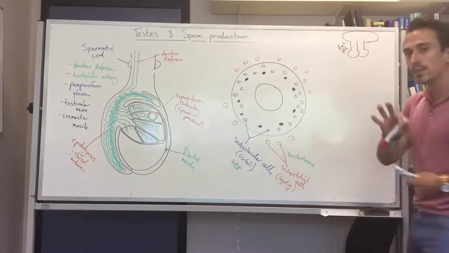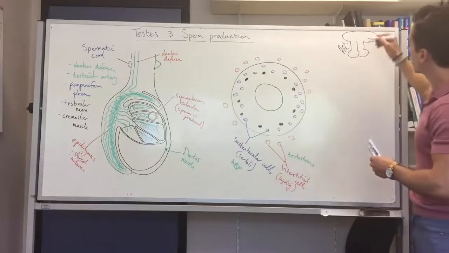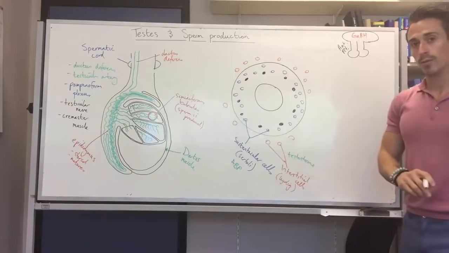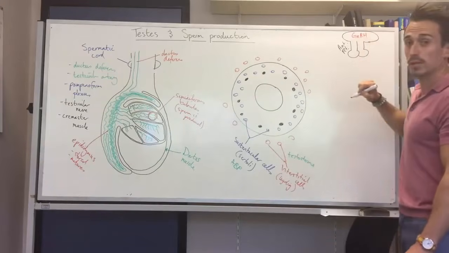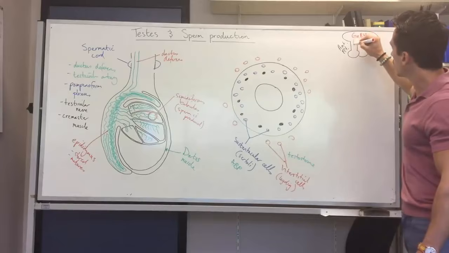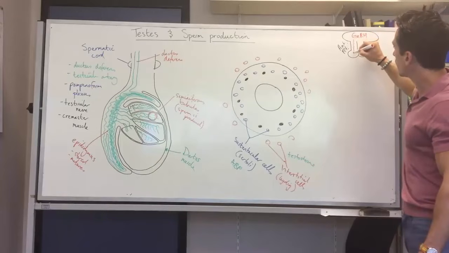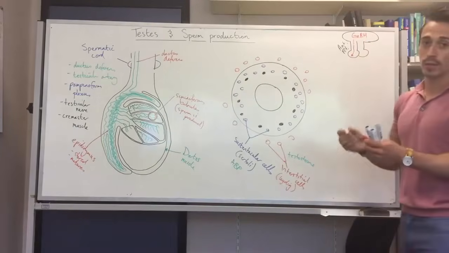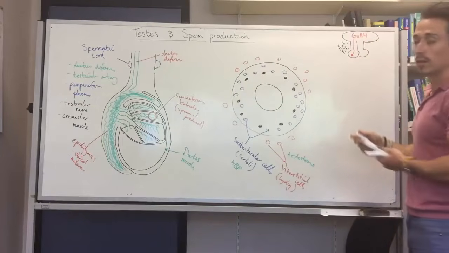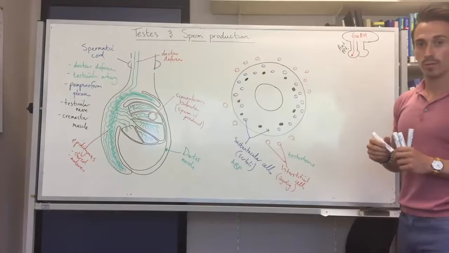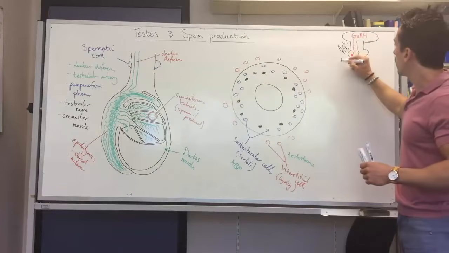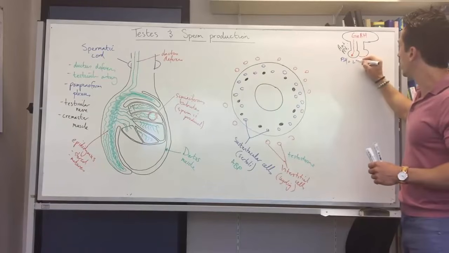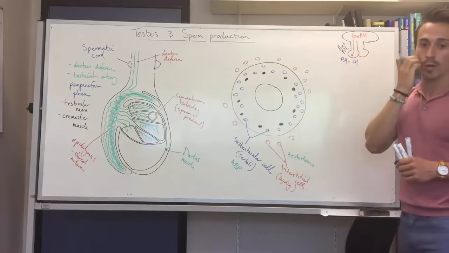Well, remember, similar to when we spoke about the female reproductive cycle, you have gonadotropin releasing hormone, which is released by the hypothalamus, travels down through the blood supply to the anterior pituitary gland, and tells the anterior pituitary gland to release two hormones called gonadotropins. Remember, these hormones are follicle stimulating hormone and luteinizing hormone.